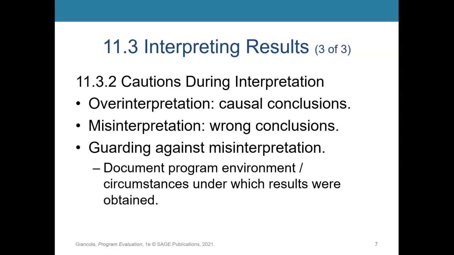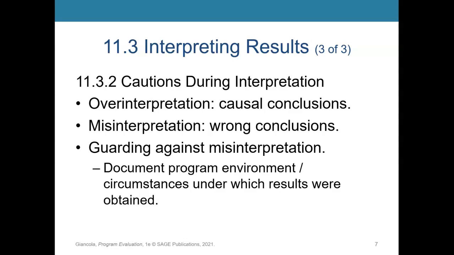And your book takes pause here to caution against some errors; you might be surprised how often these errors are made. So one is overinterpretation. Unless you have a randomized controlled trial, your evaluation is not going to be able to definitively provide causal conclusions.